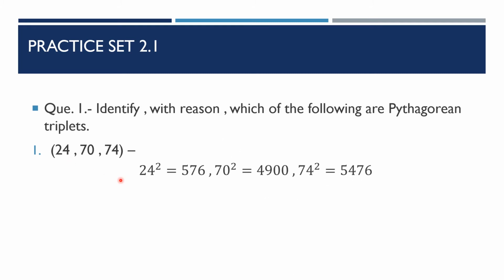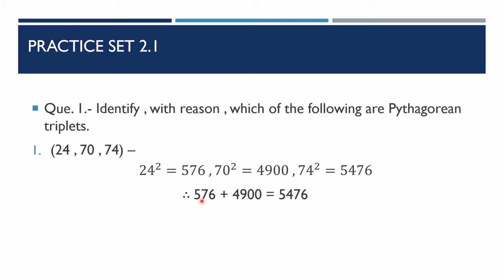Now to identify whether it is a Pythagorean triplet or not, we have to make the squares of all these three numbers. So 24 square is equal to 576, 70 square is equal to 4900, and 74 square is equal to 5476.